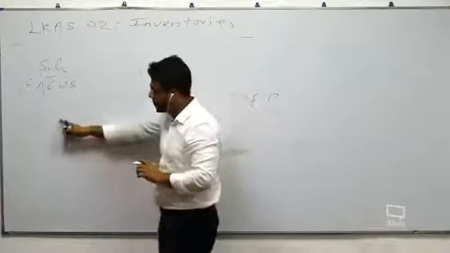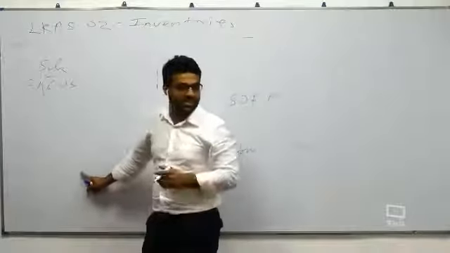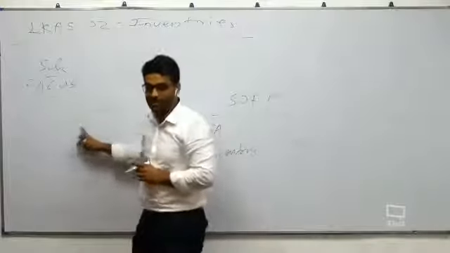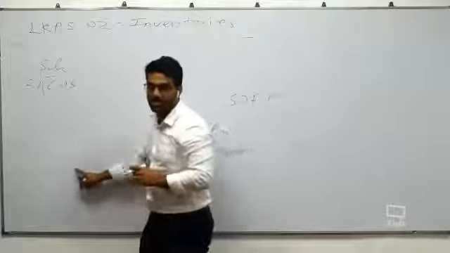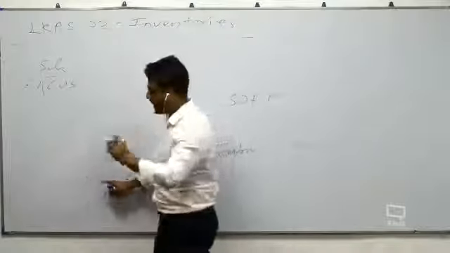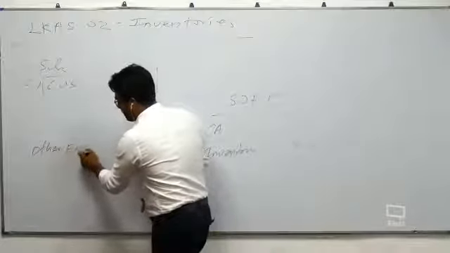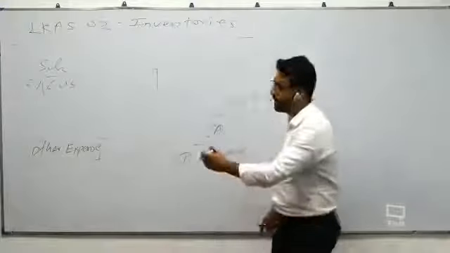That is, there are some expenses we categorize. In the profit or loss statement, we categorize the expenses. What are the expenses we categorize? Distribution expense, administrative expense, then you say other expense, then you write finance expense. There, under other expense category, you write one more entry for inventory related one, right?